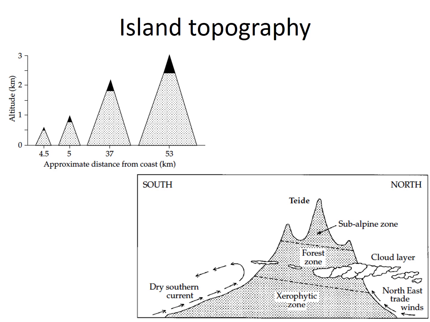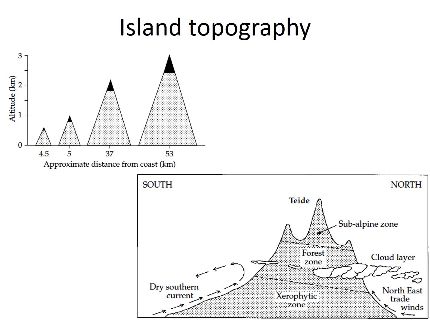I also want you to read the section of the text that describes the top left figure here, figure 2.16, okay? And this is a really interesting phenomenon because the elevation of an island affects where you find certain habitats.